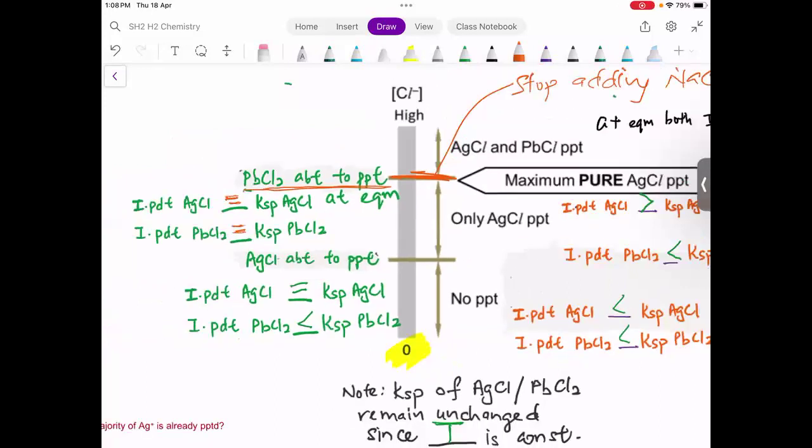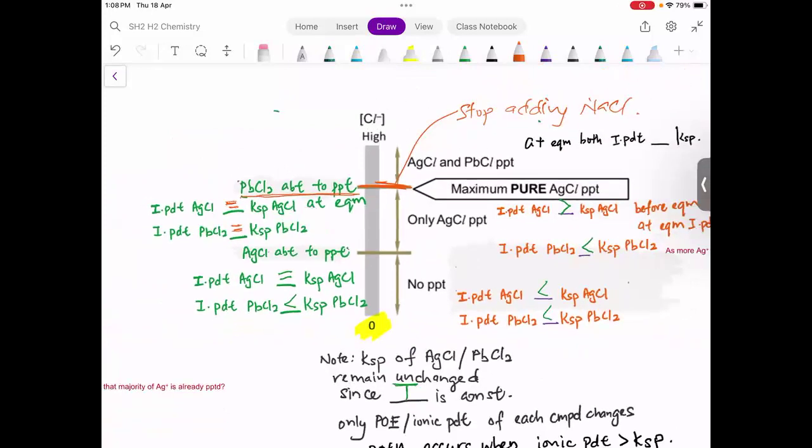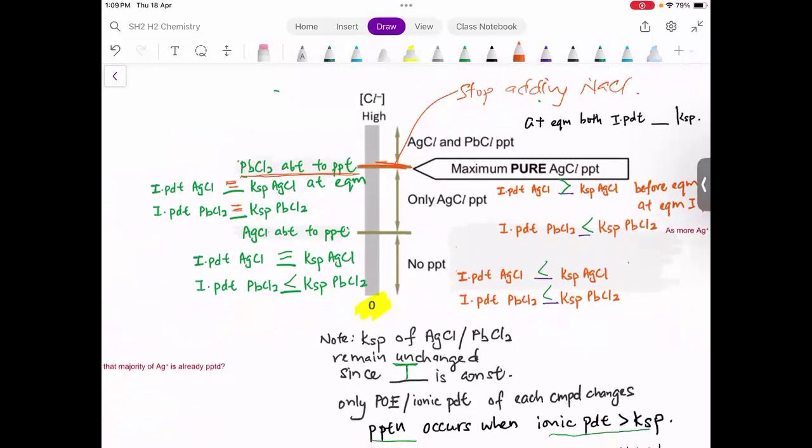Anyone who is not following? The position of equilibrium changes. POE can only change in response to Le Chatelier's principle. The concentration of chloride changes as you add in your sodium chloride bit by bit.